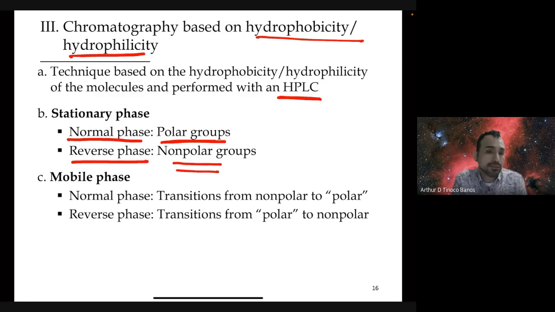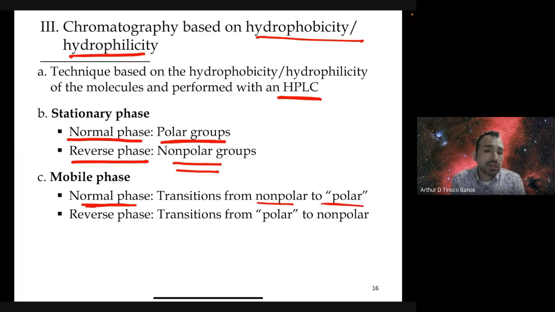With that in mind, the mobile phase will again depend. If you're doing normal phase, keeping in mind that the stationary phase will have polar groups, then your mobile phase will transition from non-polar groups to polar groups. Why is that?